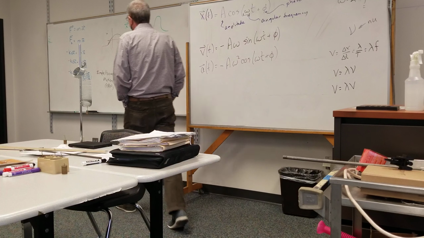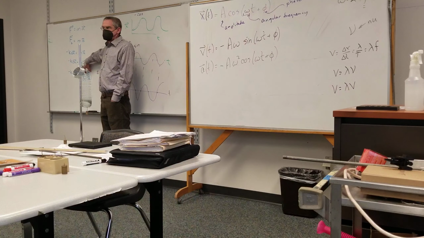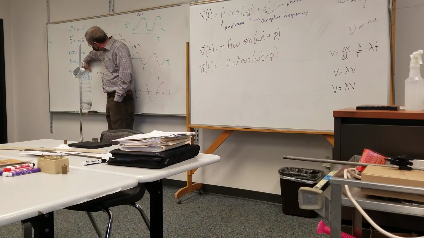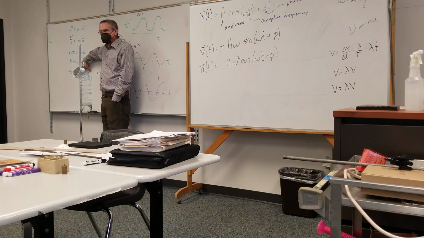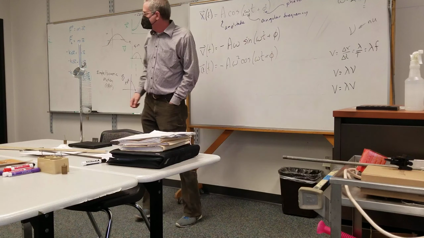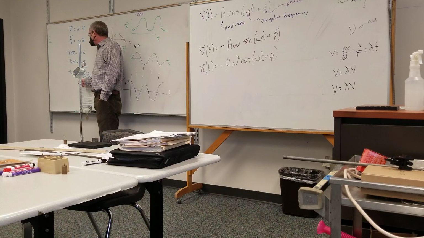In other words, this part right here is just the slope of my position-time graph, which will give me velocity, and then this would be the slope of my velocity graph. So I need to find some function such that when I find the slope of the slope, I end up with basically a negative of what I started with.